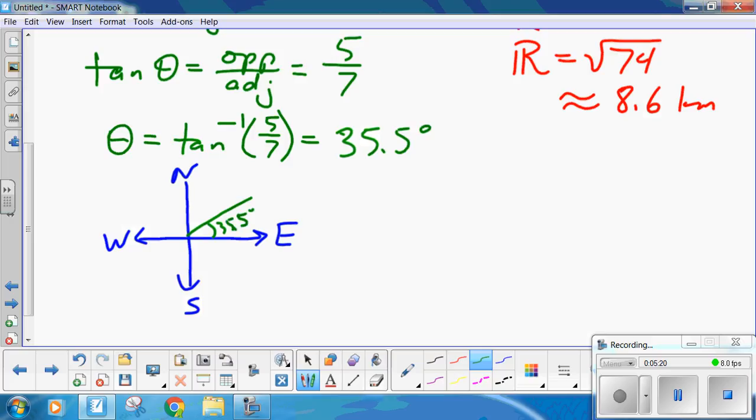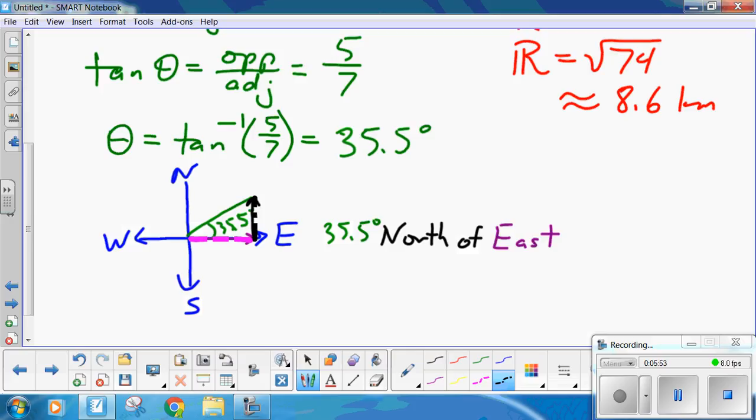So note here, to do this, you go east, and then you swing north to make an angle of 35.5. So it's 35.5 degrees north of east. So east is the major way you go, and then you swing north. And yes, they do it backwards just to confuse you.